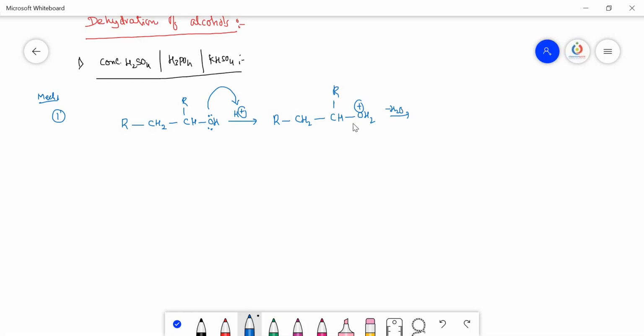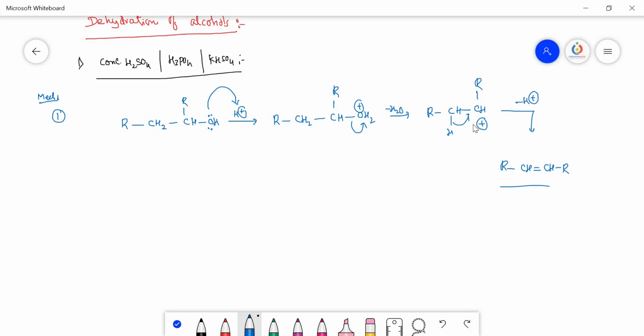Next, loss of H2O, so that R, CH2, CH, R positive charge. Now maybe rearrangement, or else loss of the proton. So loss of H plus ion, and the molecule now gives CH double bond CHR.